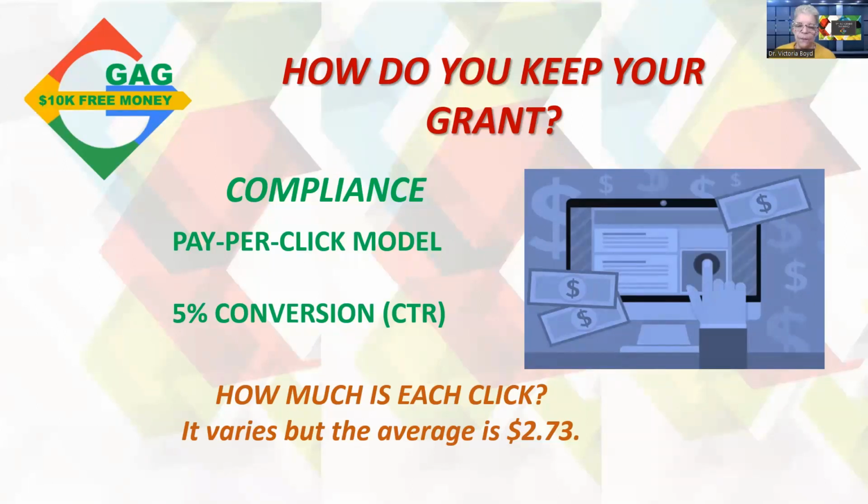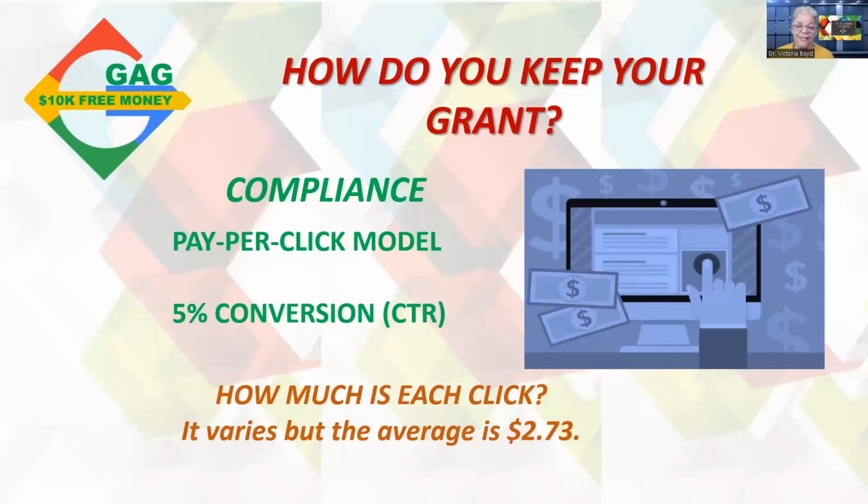But if your ads are gathering at least 5% conversion from the ad to your website, you will maintain your grant. And that means you want to have powerful ads that have meaning and are relevant to the people that are searching for you. And you probably will want to have a series of ads.